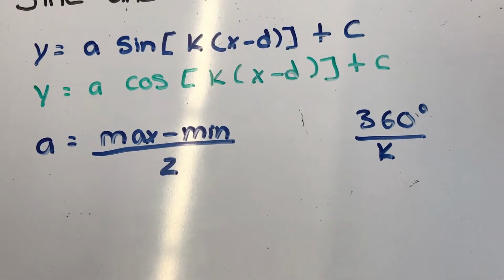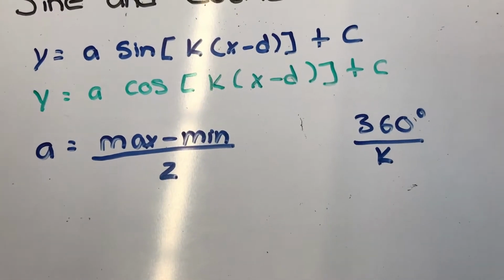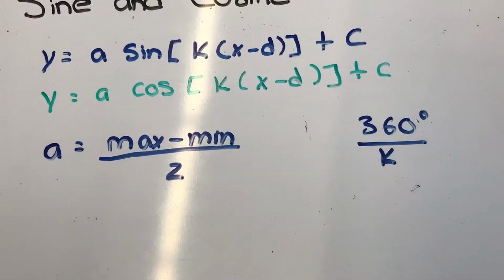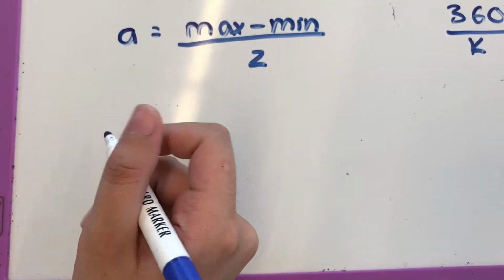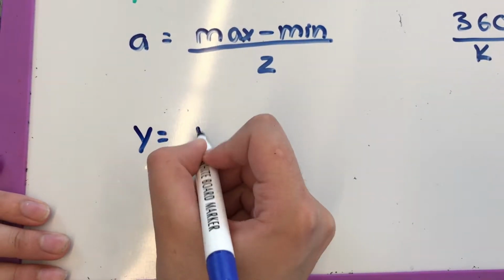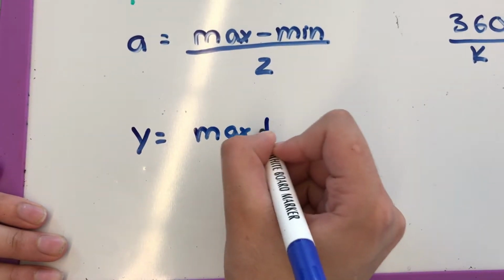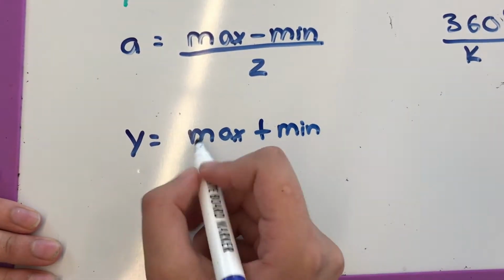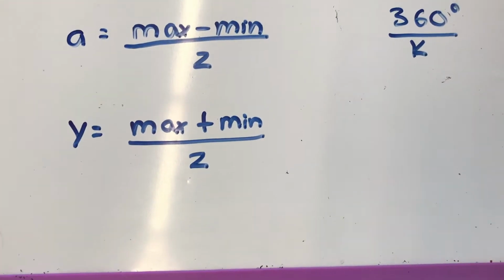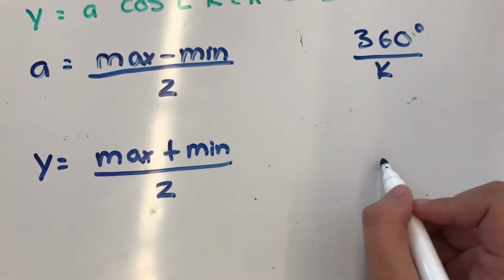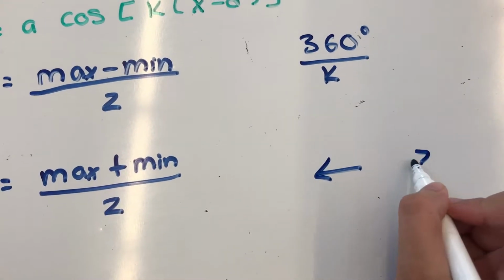The k value tells you the number of cycles that occur in 360 degrees. The equation of axis is vertical translation up or down, which is represented by y equals maximum plus minimum divided by 2. And your phase shift is horizontal translation, either going left or right.